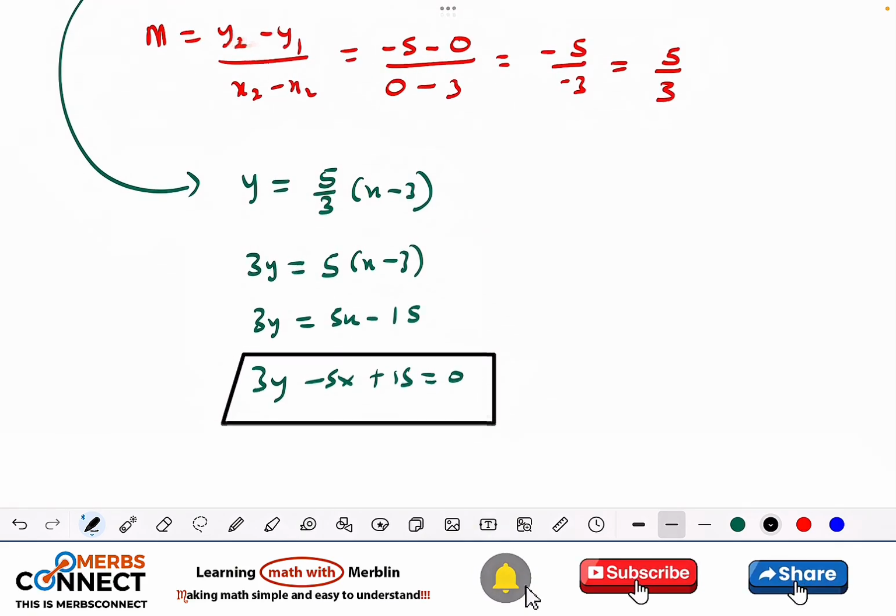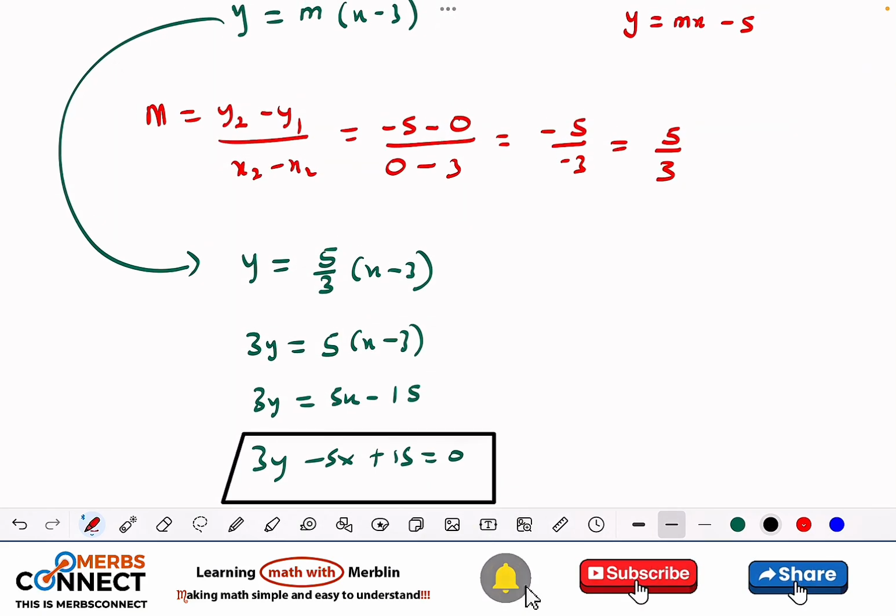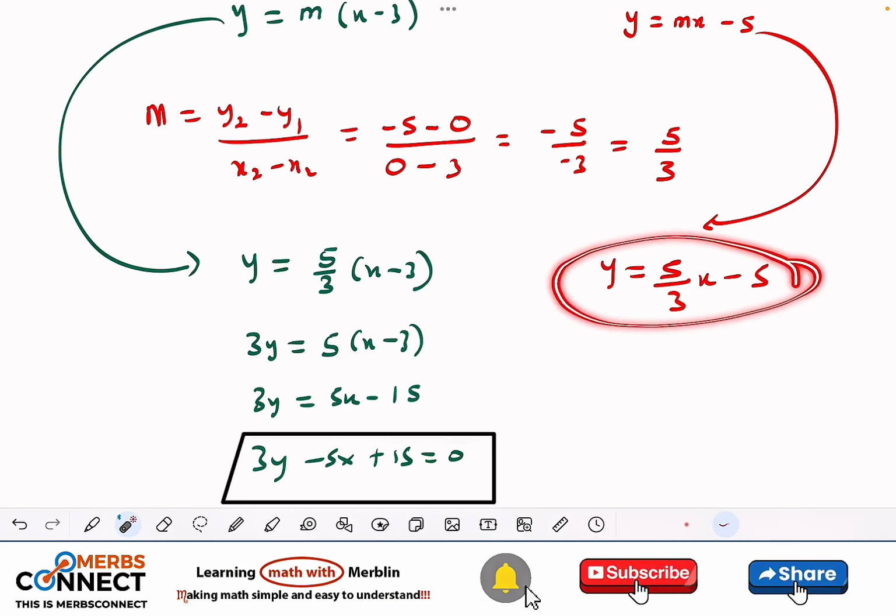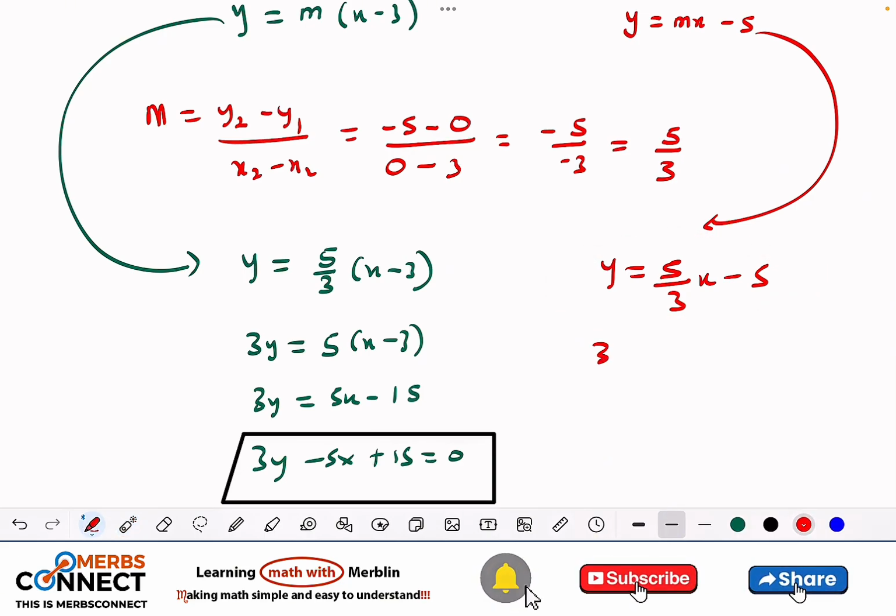equation of the line. Let me pick this one also and finish it up and see. So this one will be y is equal to, the slope is 5 over 3x minus 5. So we are going to also multiply through by what? 3. So we are going to have 3y is equal to 5x minus 15.